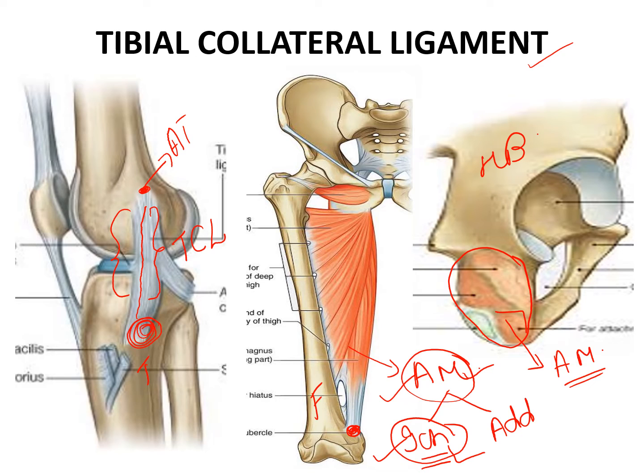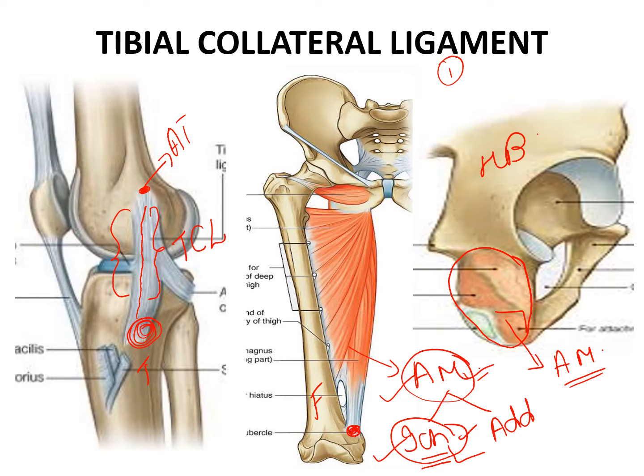So this was about the tibial collateral ligament, which is a morphological remnant of the ischial component of the adductor magnus muscle. Now this is a very frequently asked MCQ question. If anything is asked about this tibial collateral ligament, also sometimes called the medial collateral ligament because it is present on the medial side of the knee joint, what to remember is, first, it is a morphological remnant of the ischial component of adductor magnus.